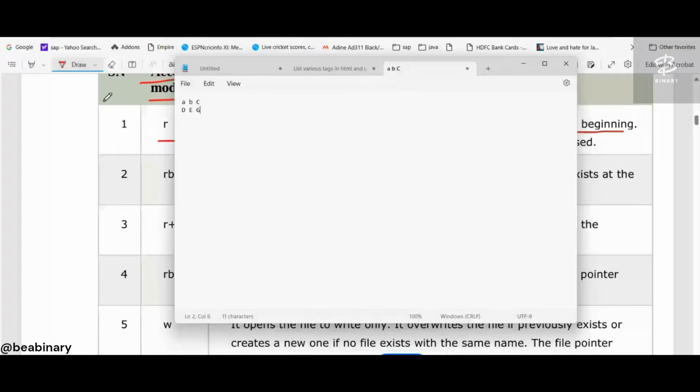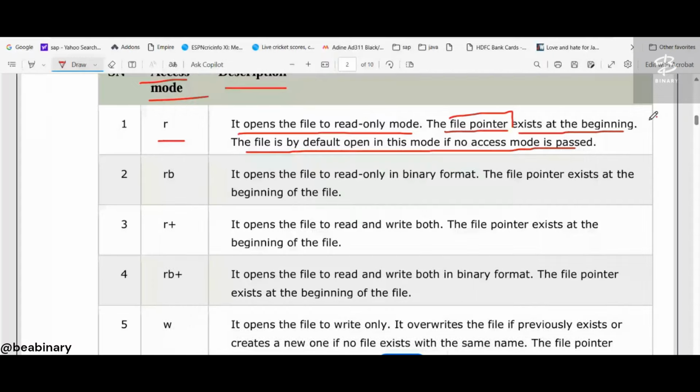This file will be opened and the file pointer moves to the first character. That means when I want to read the content from a file, the first character of the file will be the first one accessed by the file pointer. And the file pointer is nothing but a cursor you can imagine in your mind so that you can get the point more clearly. Okay.